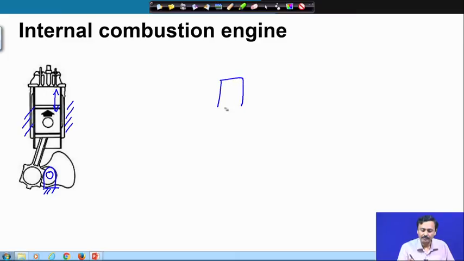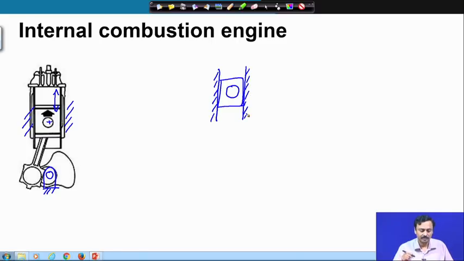So, we have this slider on which there is this kinematic pair, a pin which is guided in this slot fixed to the ground.